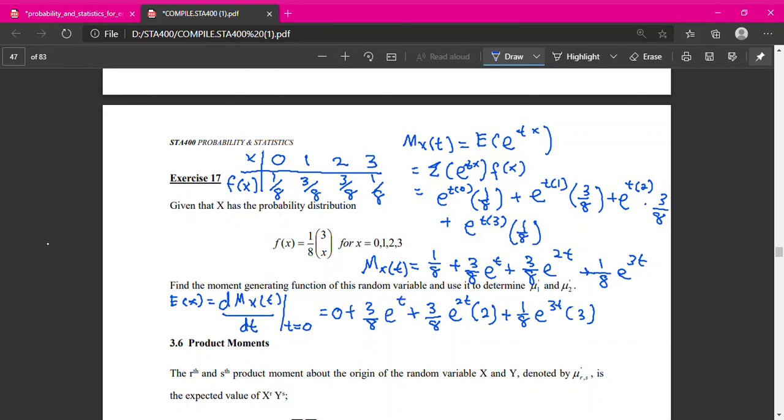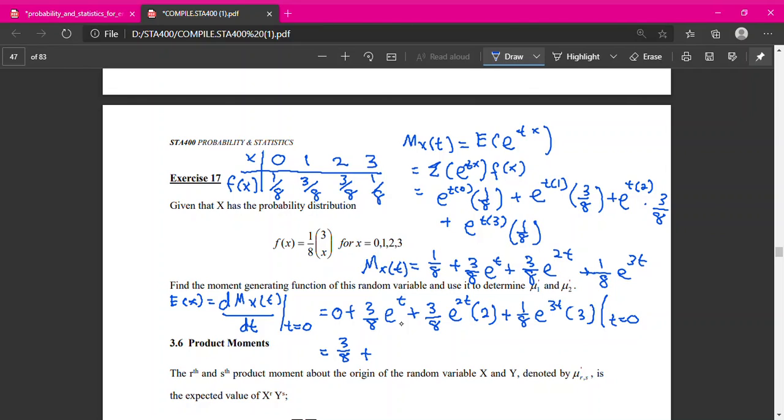Okay, then should be replace all of this, all of the t here with 0. Okay, let's say here 0 lah kan, E power of 0 will be 1. So it will be 3 over 8. Plus, here will be 1 juga, kan? 2 multiply 0 will be 0.